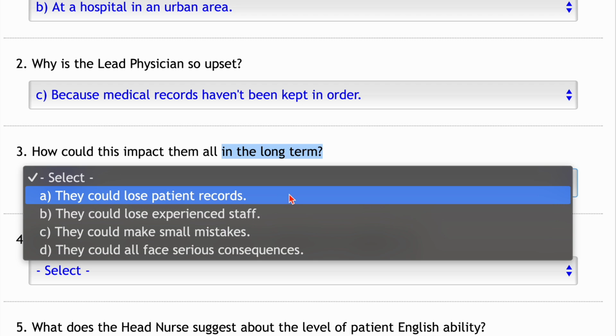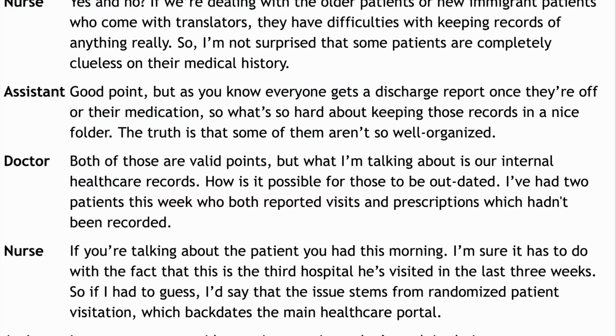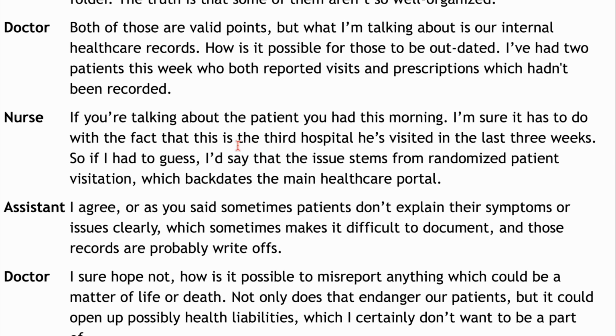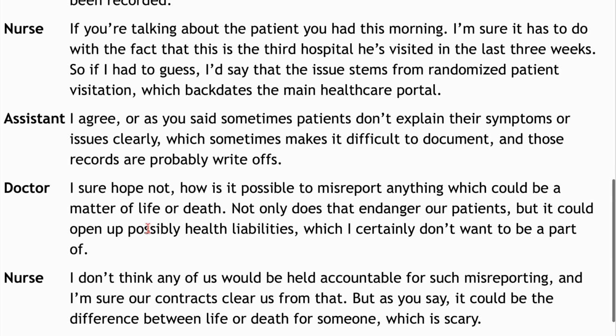Let's see what it says here. Let's look again. I agree, or as you said, sometimes patients don't explain their symptoms or issues clearly, which sometimes makes it difficult to document, and those records are probably write-offs. I sure hope not.